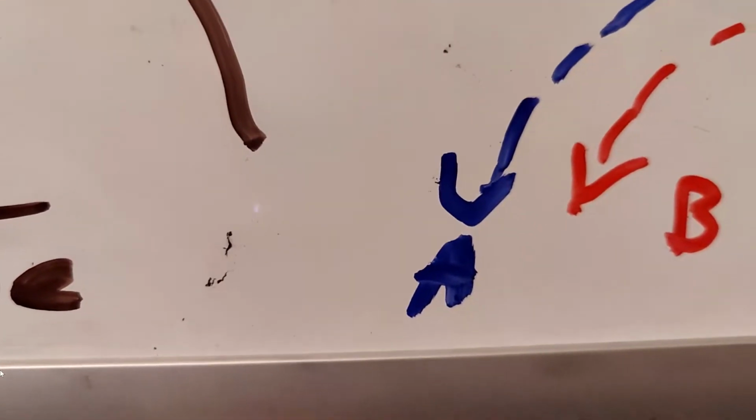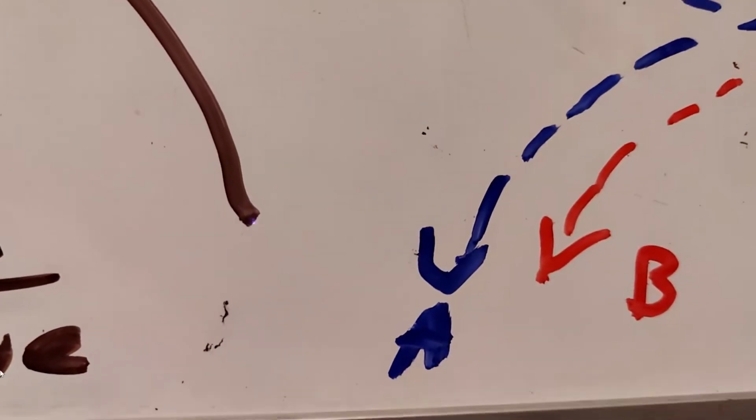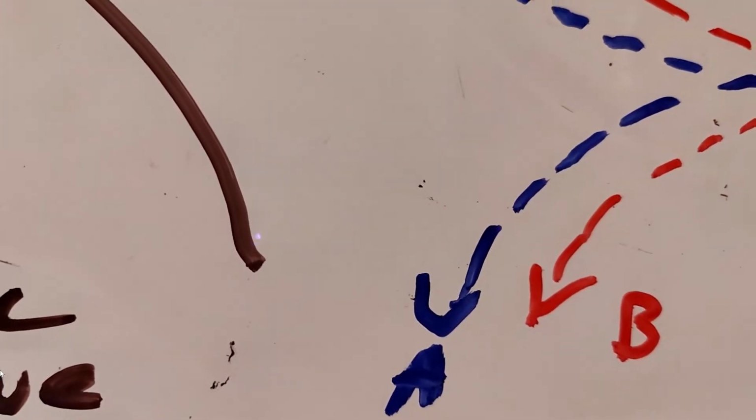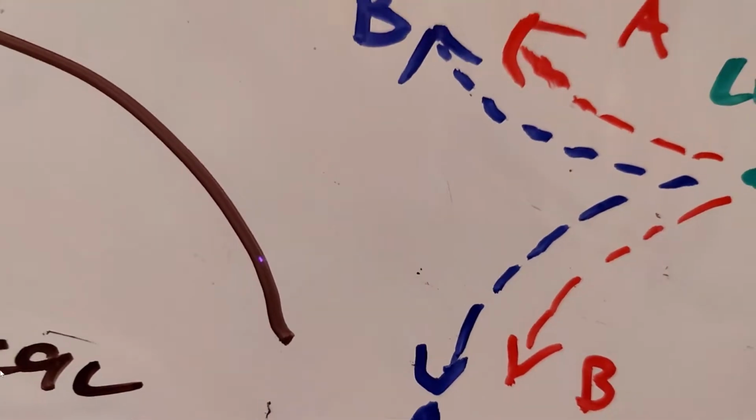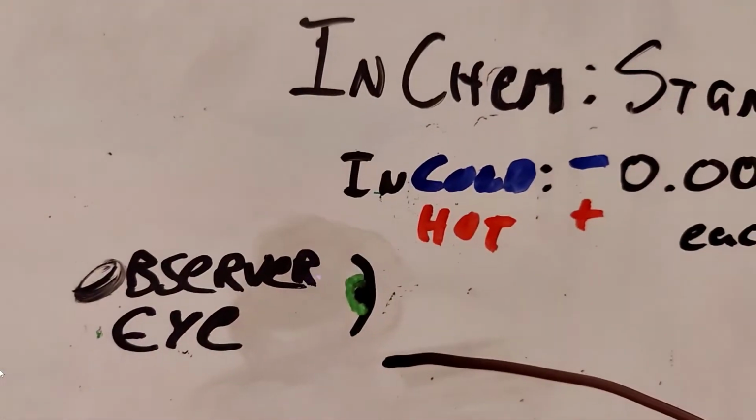However, if you take the cold air path, you're going to bend the light down. So you're not going to see A in the cold air, because it would bend down and it's below you, and you cannot start below, bend down, and get up.